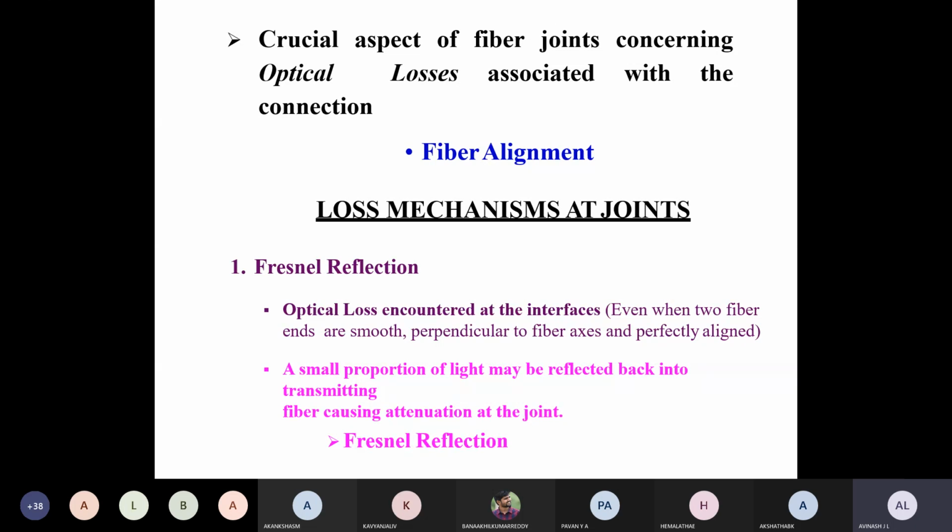What do I mean by interfaces? Even when two fiber ends are smooth, perpendicular to the fiber axis and perfectly aligned, we will have some amount of loss encountered at the interfaces. That is called Fresnel reflection. Please make a note of it.